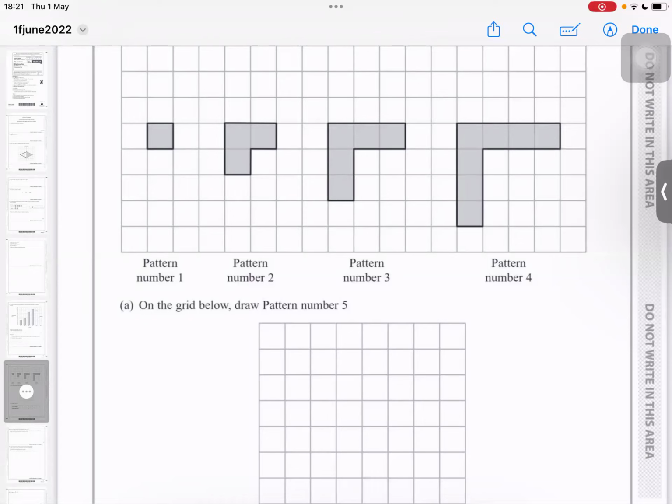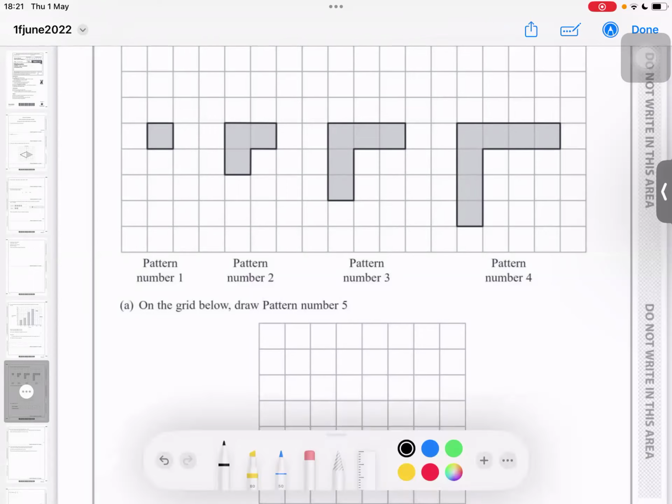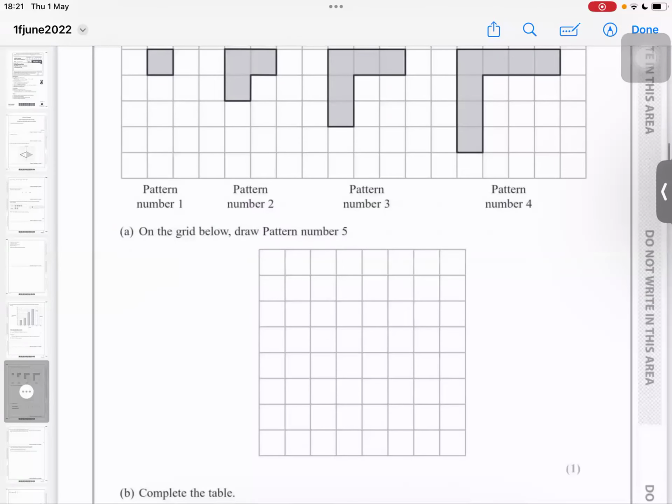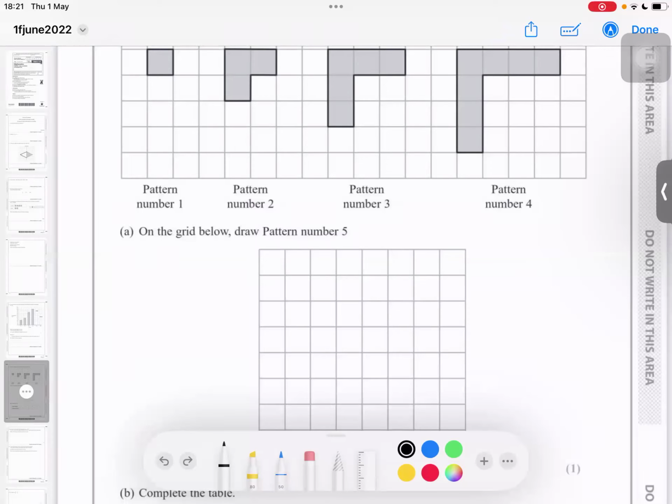So just do a sketch. Let's see if you have something. You can just do a rough sketch. It doesn't have to be with a ruler, but make sure you do it with the number of squares inside. Okay.